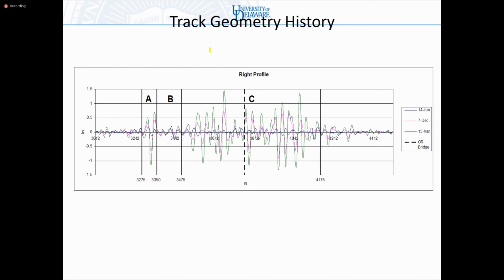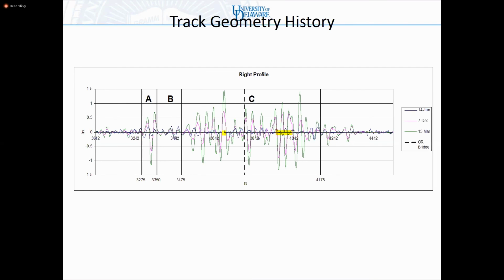Typical outputs. This is a typical degradation curve, the right profile. Let's take this one, our biggest peak here.